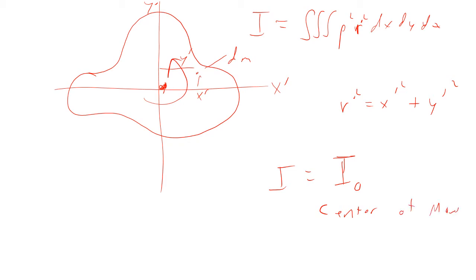Okay, so now that's been done for you, but you aren't interested in that. The center of mass is here, so we know I around that point. You are interested in rotating around that spot. So now you're going to have different x and y coordinates. This was x prime and y prime around the center of mass.